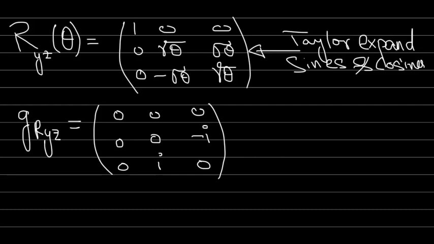It would be a good task for you to do this by yourself. It is not that messy, but it does get a bit hectic, right? But of course it can be done, and you can do it by yourself by expanding this rotation matrix in Taylor series, expanding the sines and cosines.